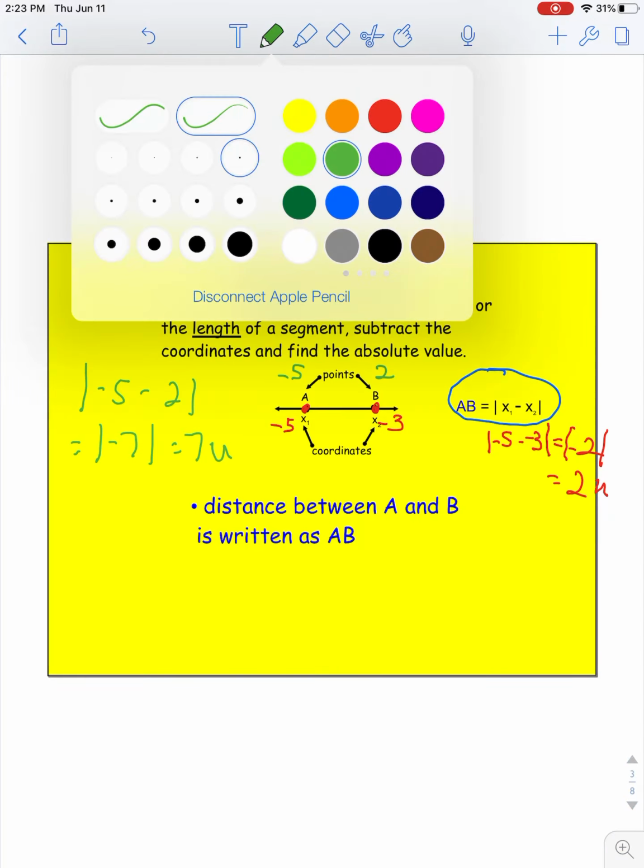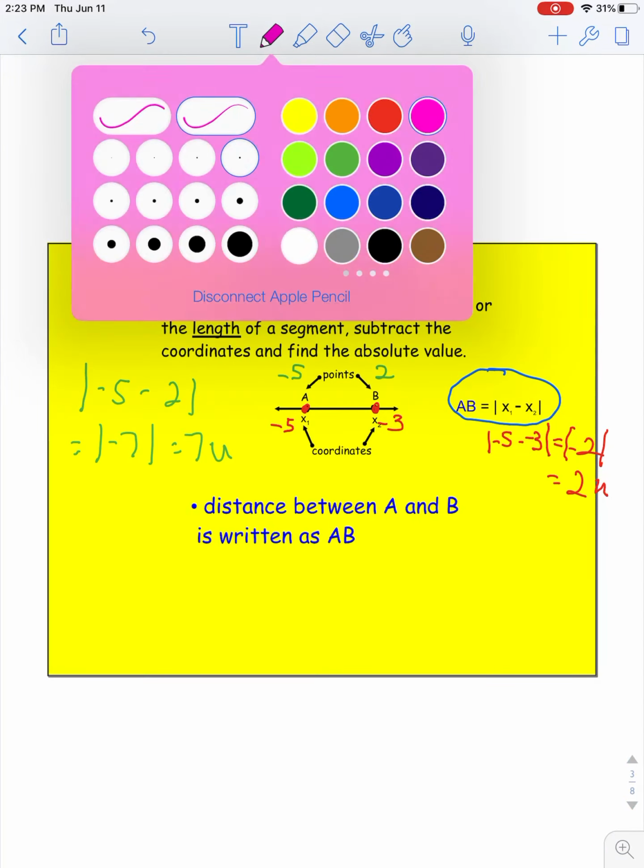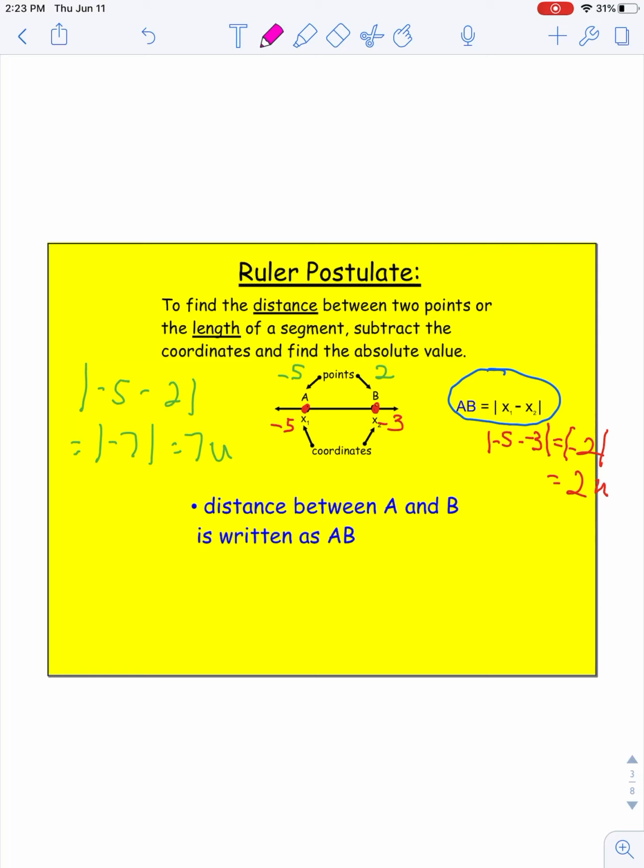Now there's a very important piece here that you probably aren't paying attention to right now. We have this capital A, capital B. That's how we symbolize and write the distance between A and B. Notice it doesn't have a line segment over it. It doesn't have a line or a ray or any other marking.